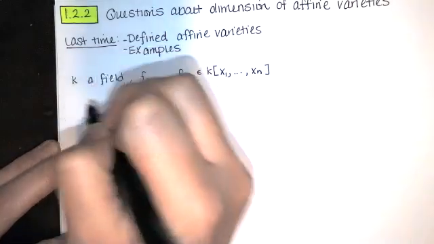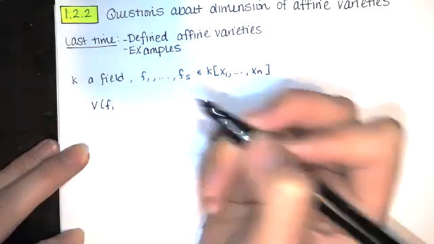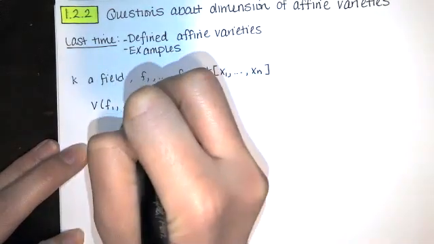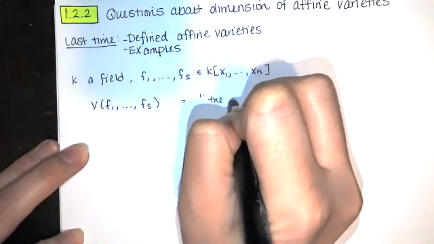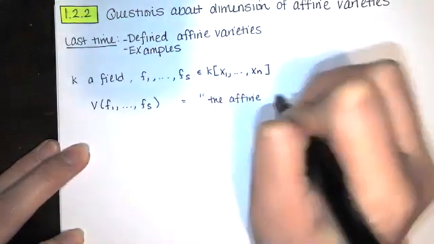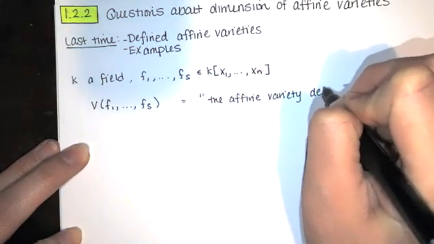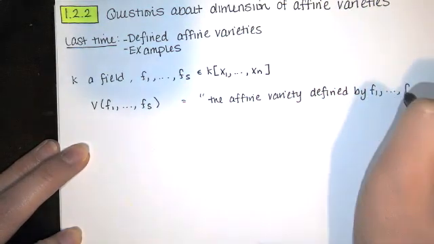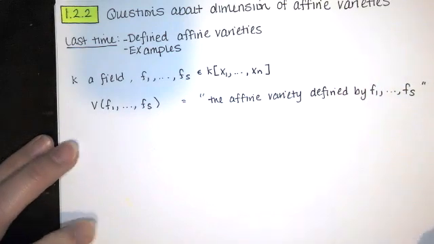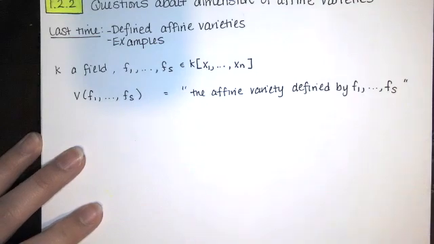We can put these two pieces together and talk about the affine variety defined by f sub 1 through f sub s. We denote it this way. And basically all this is the solution set of that set of s polynomial equations in n variables.